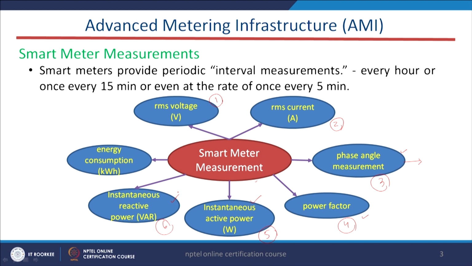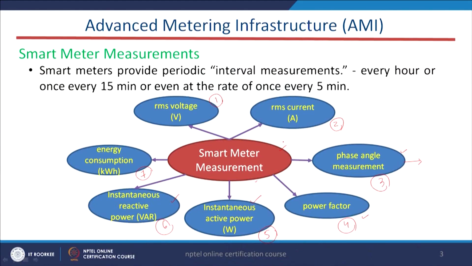And the last one is the energy consumption, which is very important for the utility and also for the consumers. How much energy is consumed by the customer, that is our target, and that energy can also be measured using this smart meter.